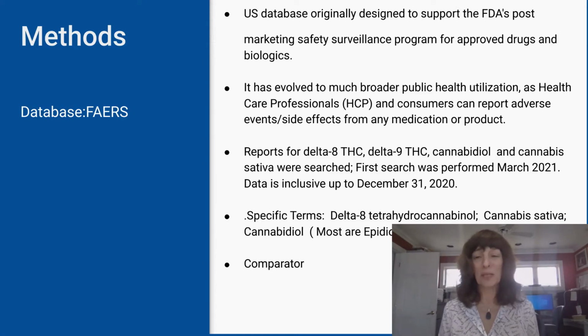And when you have something as novel as a synthetically derived Delta-8 THC compound, there's no real comparator. So I used two goalposts: cannabidiol, CBD, which is actually what they're deriving it from, and cannabis sativa, which is actually the flower, the true plant. The Delta-9 is in there, but the Delta-9 is usually based on a positive test.